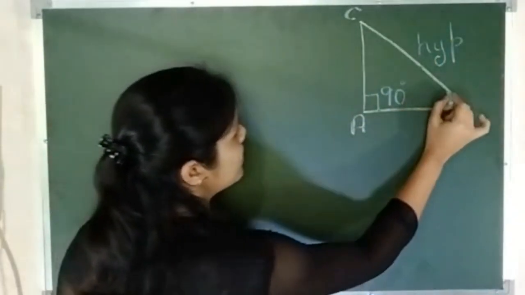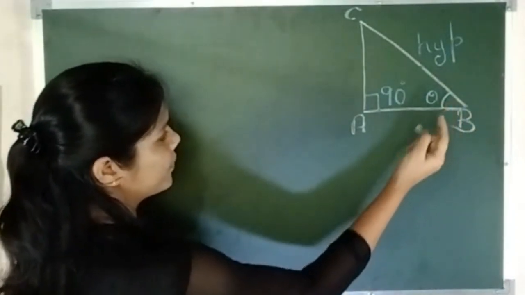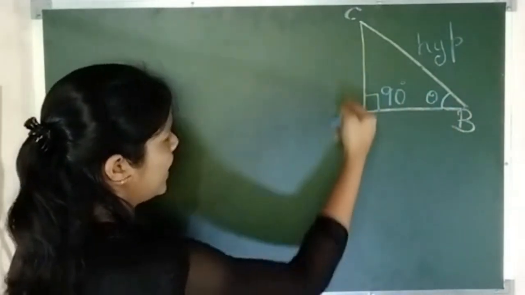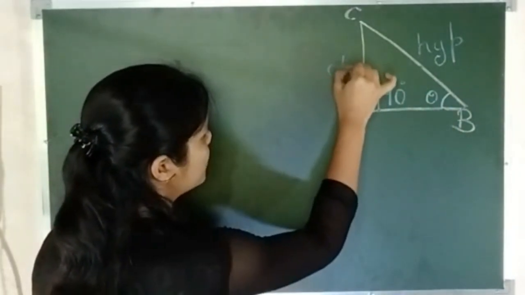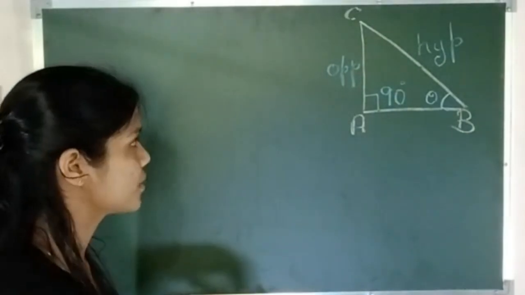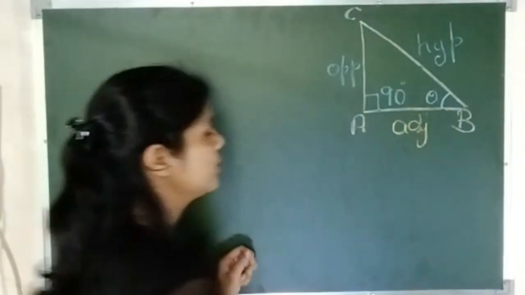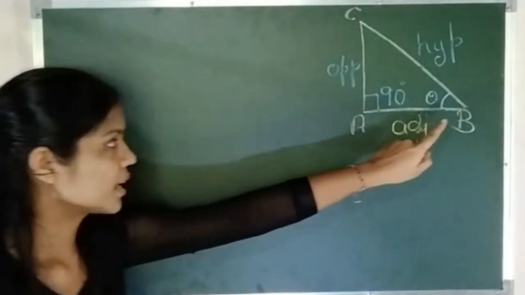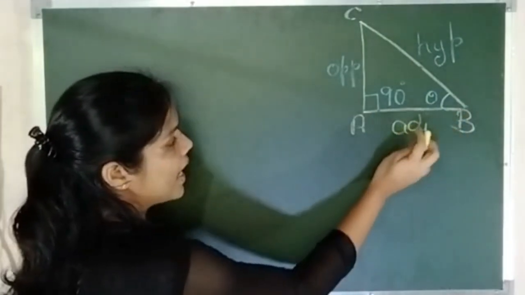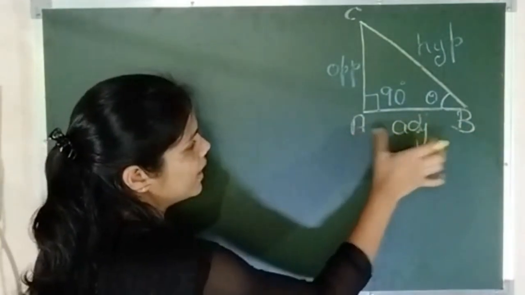If I consider theta as the angle at B, then the side opposite to theta is CA, called the opposite side, and the remaining side is called the adjacent. Always remember, the adjacent side must contain that angle. Now the angle is at B, so the adjacent side must contain B. So adjacent is nothing but AB.